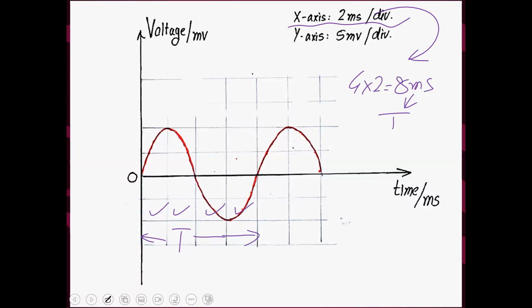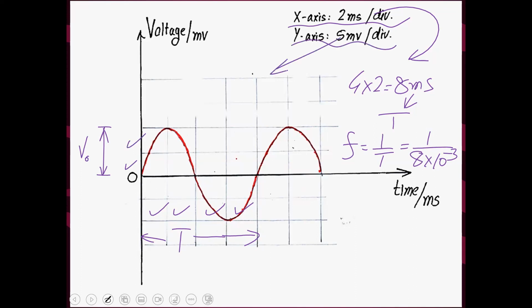So it's very simple. It's a game of counting boxes. You have to count the boxes, and once you get the time period, then frequency is equal to 1 upon time period, 1 upon 8 into 10 power minus 3. Similarly, when you talk about the peak voltage, this is the peak voltage, and you say it's V naught, you will count the boxes. There are 2 boxes. This is the scale.